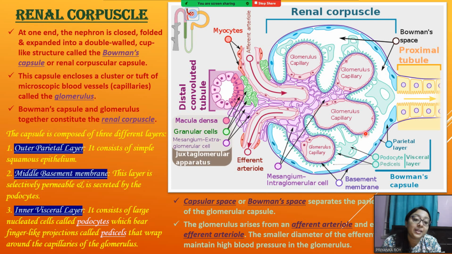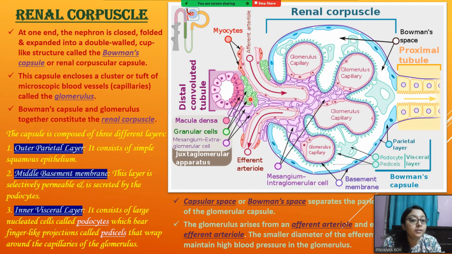These are known as pedicels. These finger-like projections wrap around the glomerular capillaries, as you can see. So these podocytes and pedicels wrap around the glomerular capillary surfaces. These three layers come from the Bowman's capsule, and the space between the visceral and the parietal layer is known as the Bowman space or the capsular space.